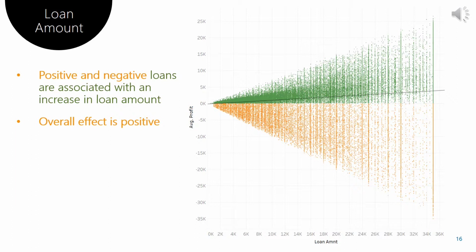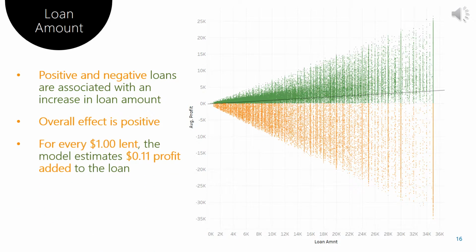What our model produced in terms of an estimated effect, so again, that's what we're trying to understand here, is so it's a positive effect. What is that effect? For every dollar lent, the model estimates 11 cents in profit added to the loan.